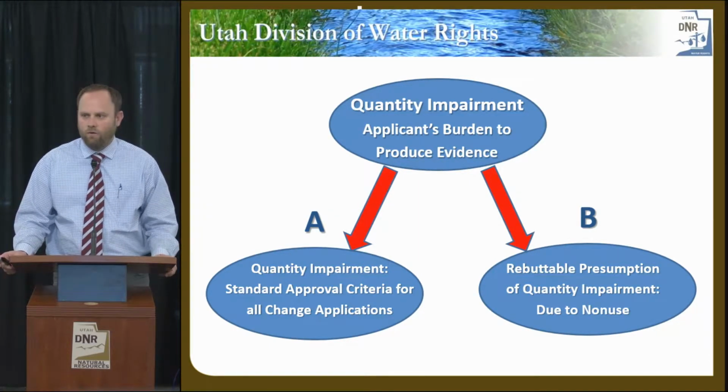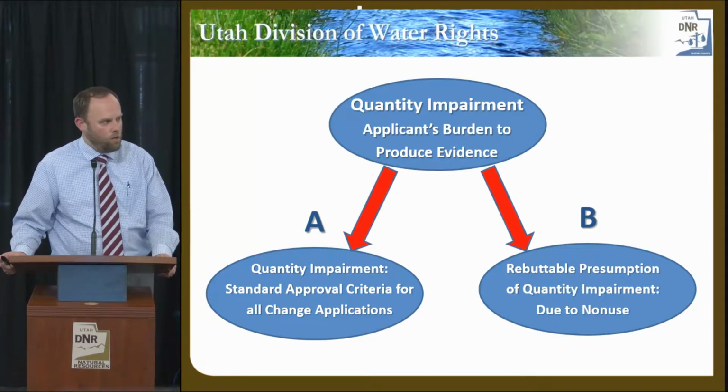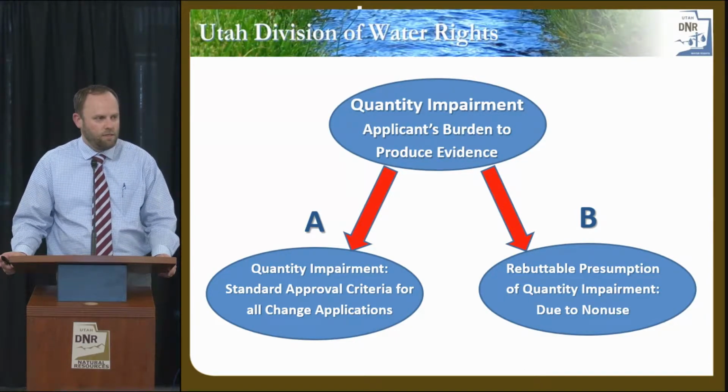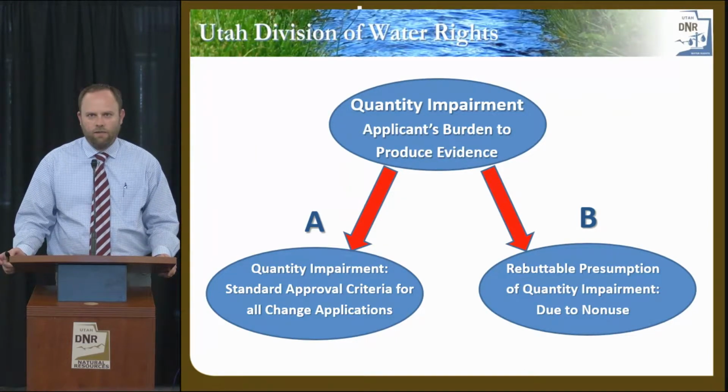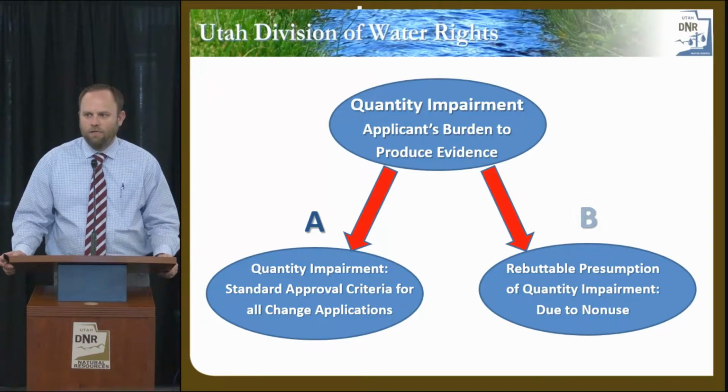Type A is what we'll call basic quantity impairment. This is a standard approval criteria of all change applications. Okay. Type B, and I think if I did my PowerPoint magic, it blinks. Rebuttable presumption of quantity impairment is the type of impairment that is associated with non-use and only comes into play under certain conditions.